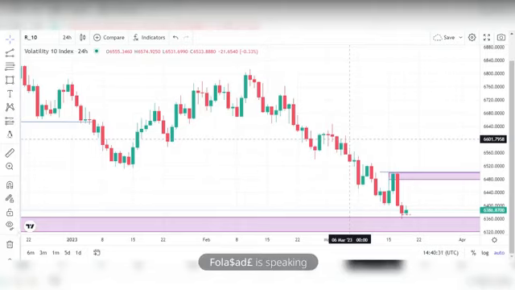Does the person understand? Yes, I'm following. You can check it yourself on any asset, from the 4 hour. Go back to the left, check as many weeks as possible. Most of the time when a 4 hour is broken, either for a buy or a sell, once it retraces back, it is confirmed that definitely this thing is going down.